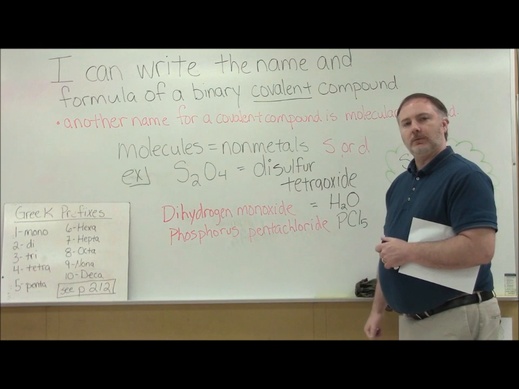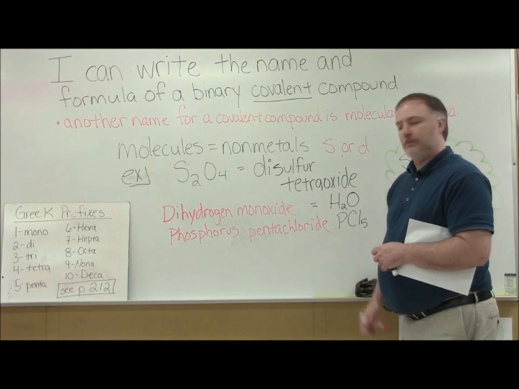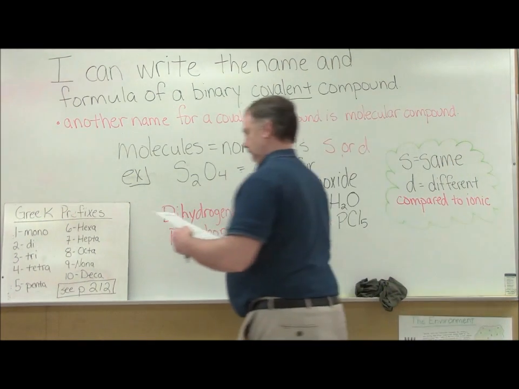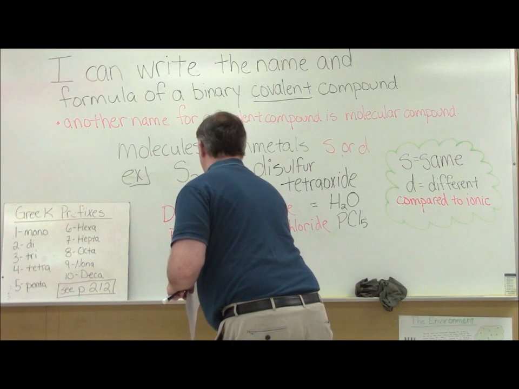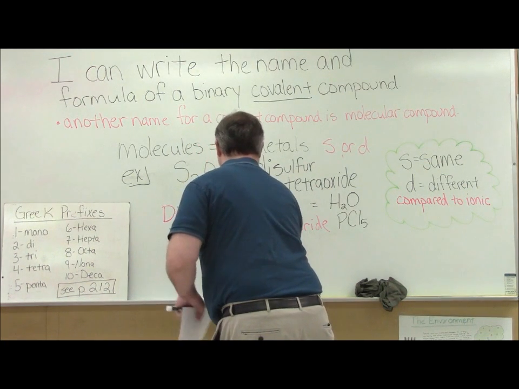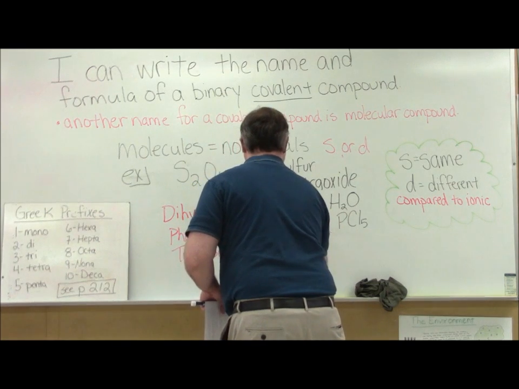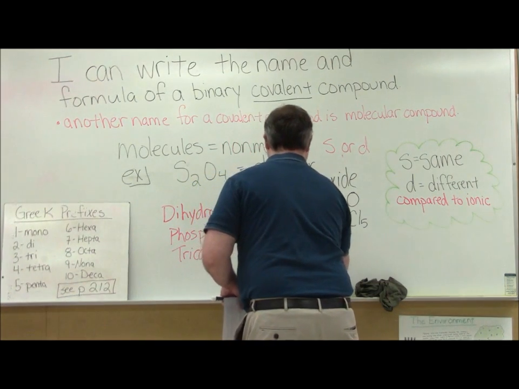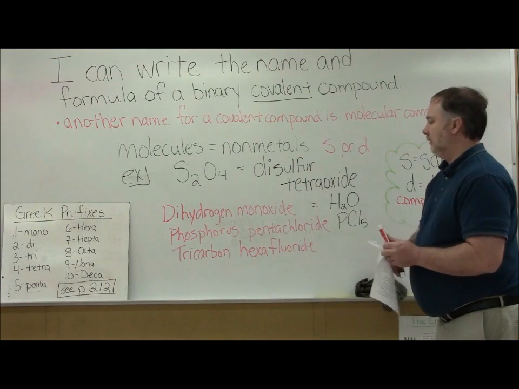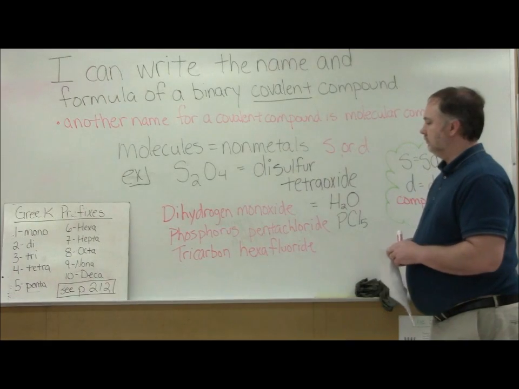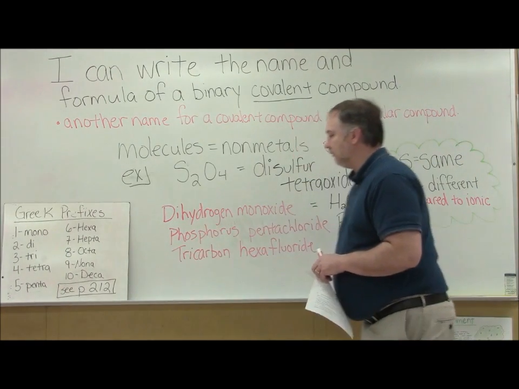Last one I'll do together with you, and I'm going to have 2 homework problems for you to bring with me tomorrow. Tricarbon hexafluoride. So we have carbon here, a tri in front of it.